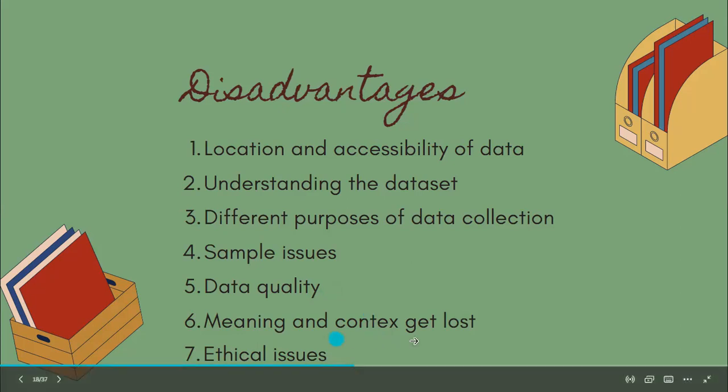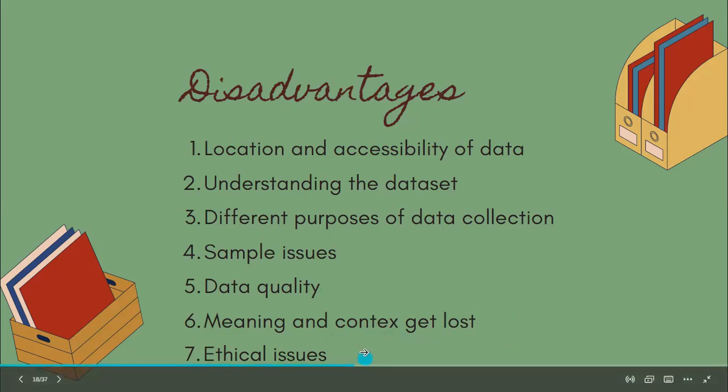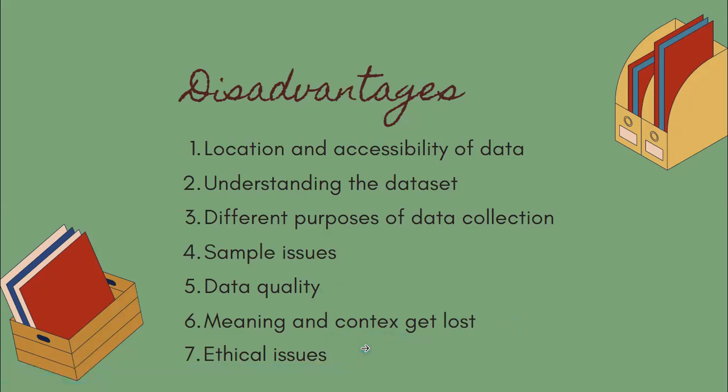Then we have number 6, meaning and context get lost. For example, if you use a secondary data set, they might not mention things like gestures or the context of their research, so many interpretations can come into the research if you don't have that information. And for the last disadvantage, we have ethical issues.